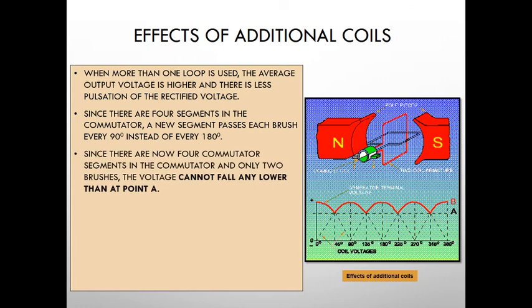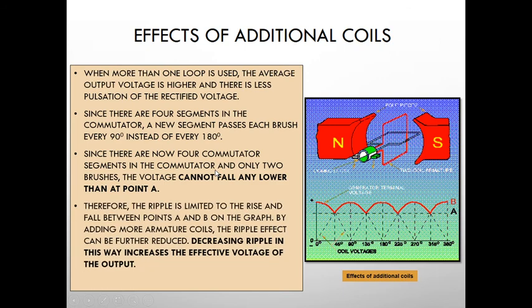Since there are 4 commutator segments and only 2 brushes, the voltage cannot fall any lower than point A. Point A, dili siya mo-ubos sa atong brush. Therefore, the ripple is limited to the rise and fall between points A and B on the graph. By adding more armature coils, the ripple effect can be further reduced.